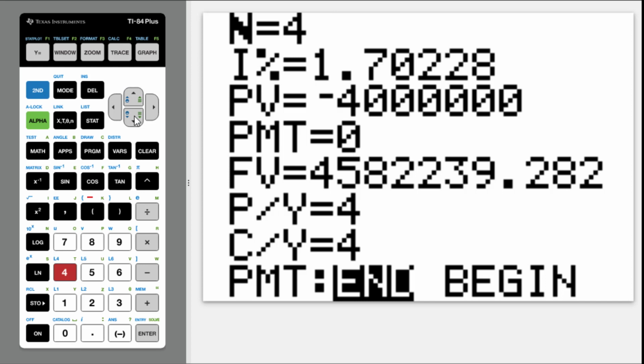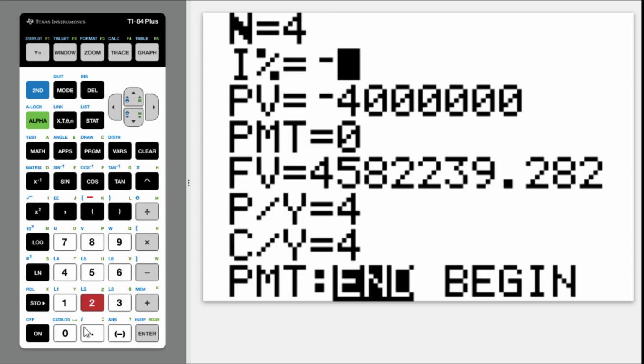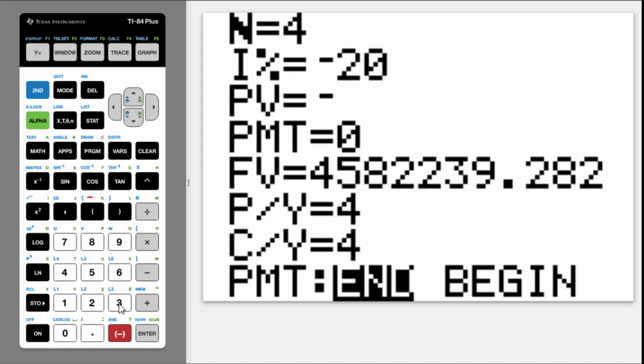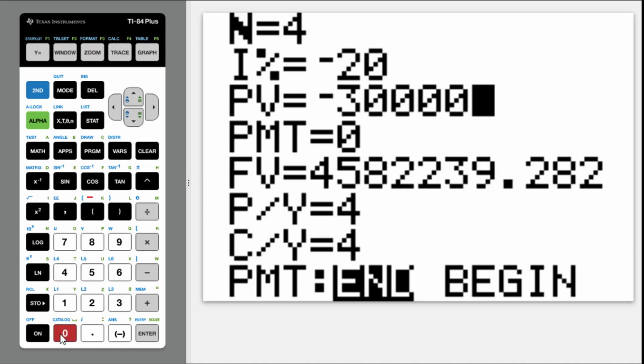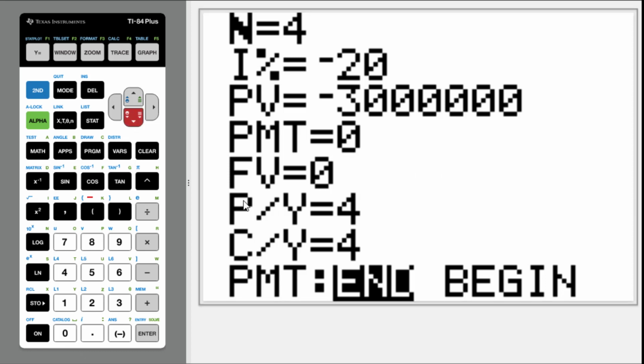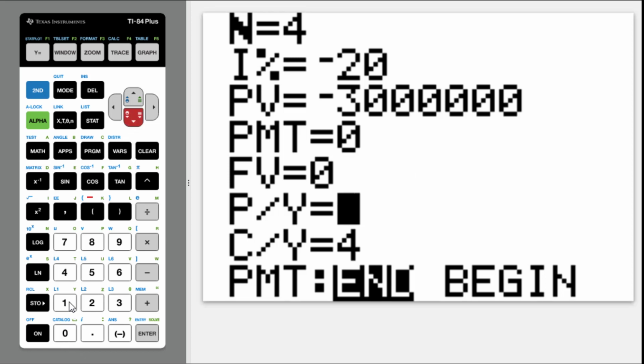Payments per year is 1. Compounding periods per year is 1 also.